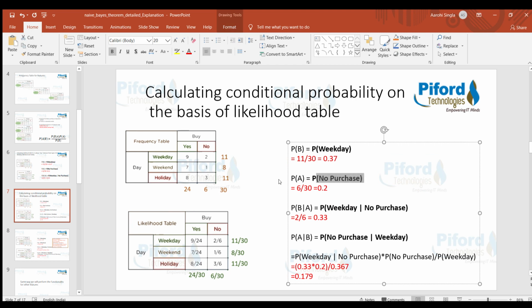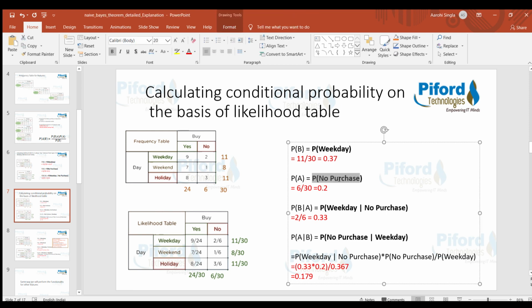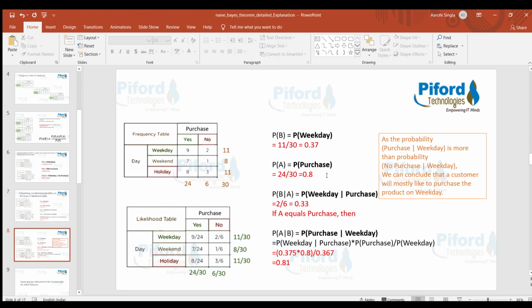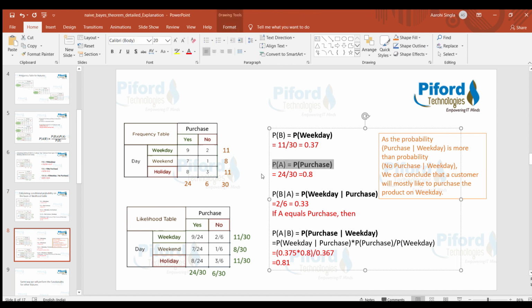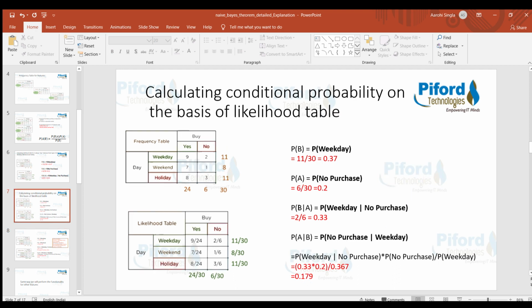In A we write whatever we want to find. In the previous slide we found no purchase, but in the current slide we are talking about purchase. So how many purchases were there? Total 24 purchases out of 30, 24 out of 30, that means 0.8. We know the probability of A and we already have the probability of B, and probability of B given A we have already solved in the last slide from here.